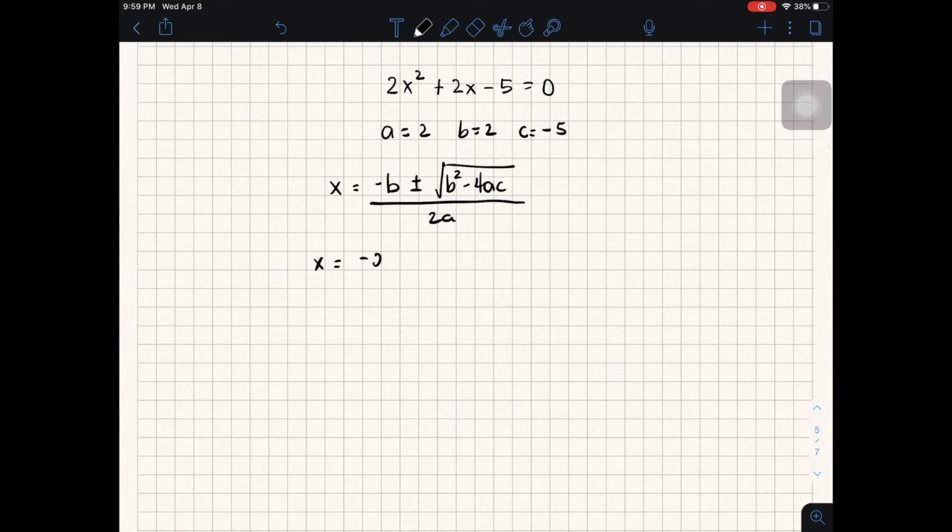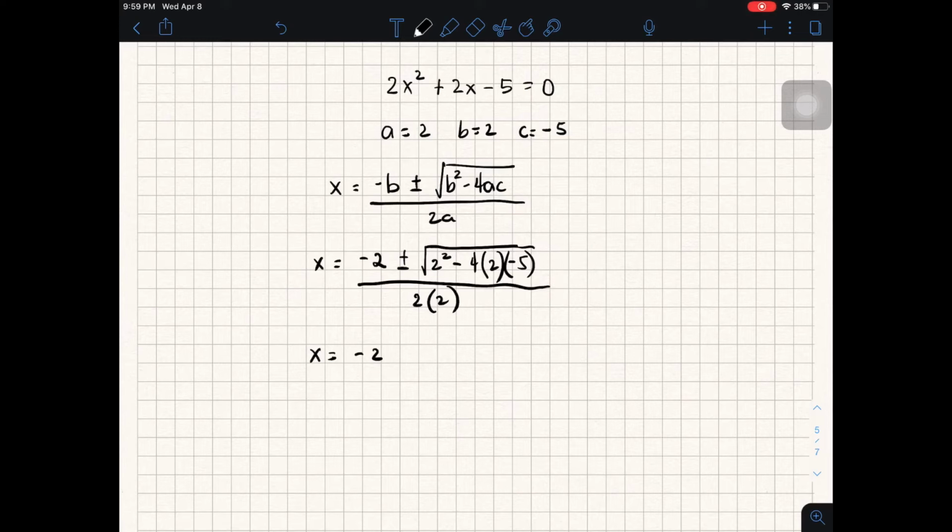Continue natin. X is equal to negative 2, kasi yung b natin is 2. Positive negative, square root of 2 squared minus 4 times 2 and times negative 5 over 2 times 2.